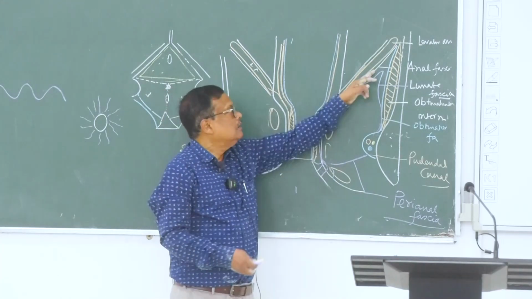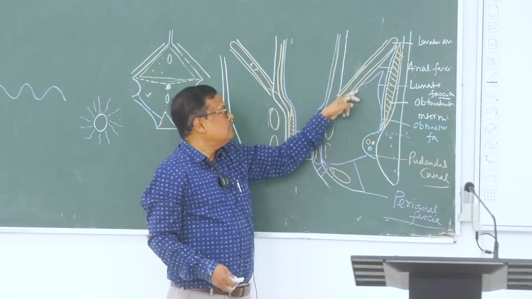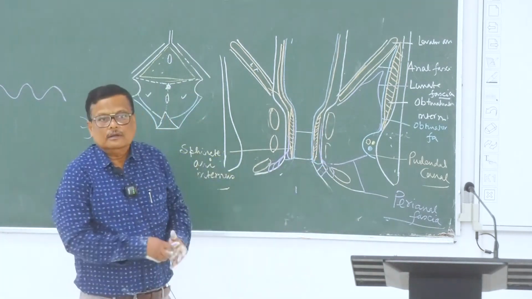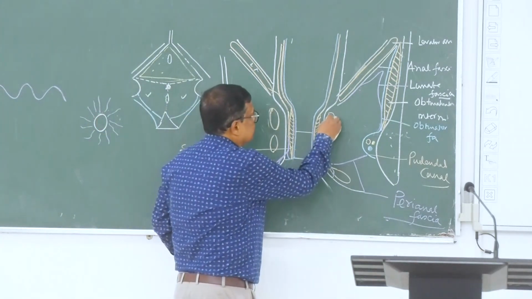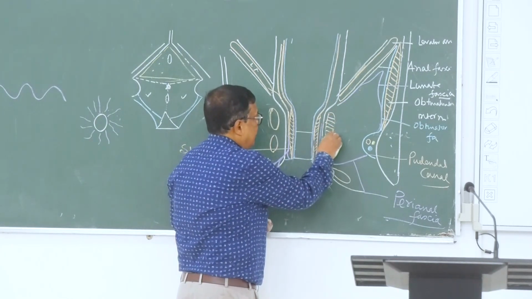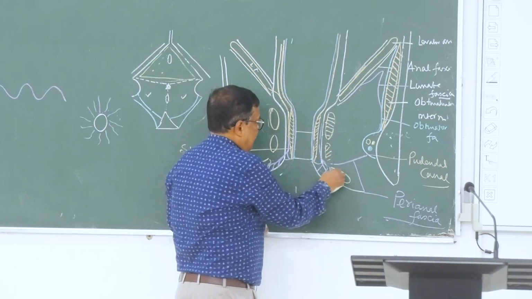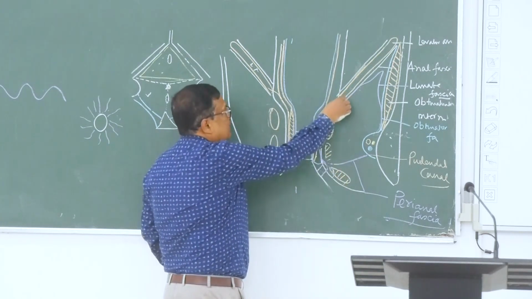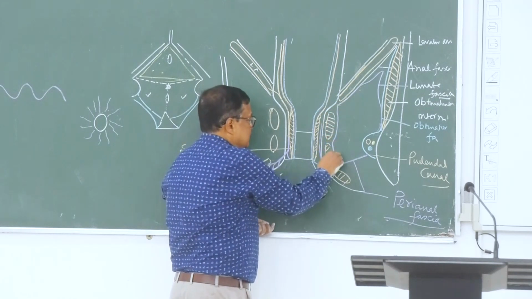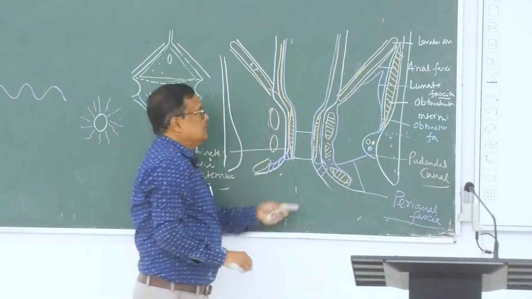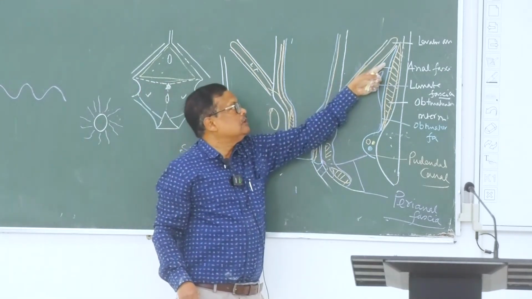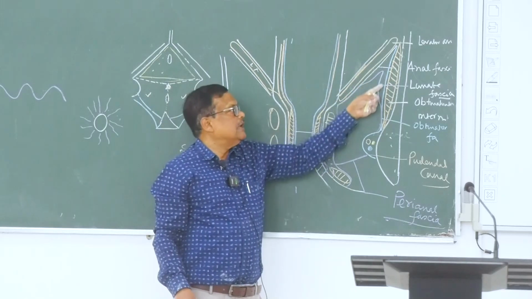Medial boundary, anal fascia and the sphincter ani externus. দেখো পরিষ্কার নিজেই বলতে পারছি। So anal fascia, and it is the fascia covering the sphincter ani externus. This is the medial boundary. এই টোটালটা হচ্ছে medial boundary, এটা হচ্ছে lateral boundary.